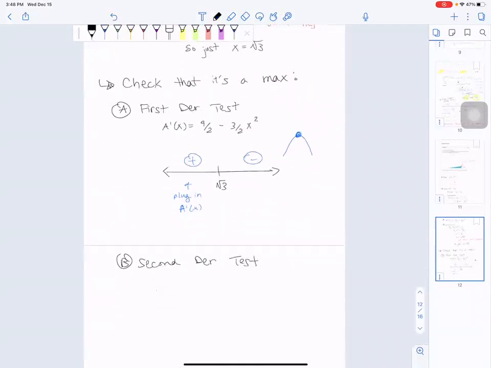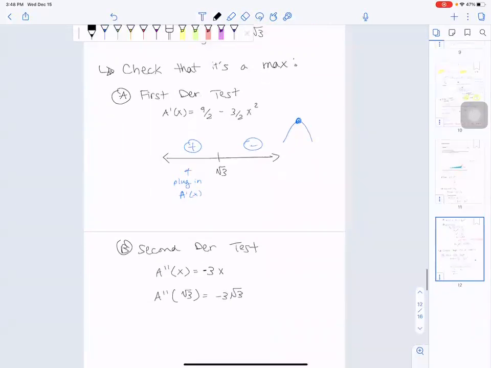For the second derivative test, you find the second derivative, which is negative 3x, and plug in that critical point. We got a negative sign, which means it's concave down, like a frown, and that is indeed a maximum also. So either test confirms it. Either one works.